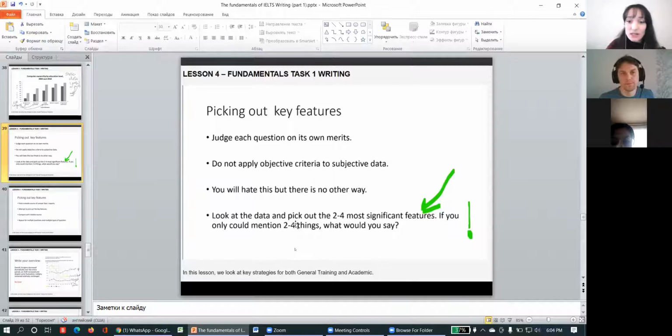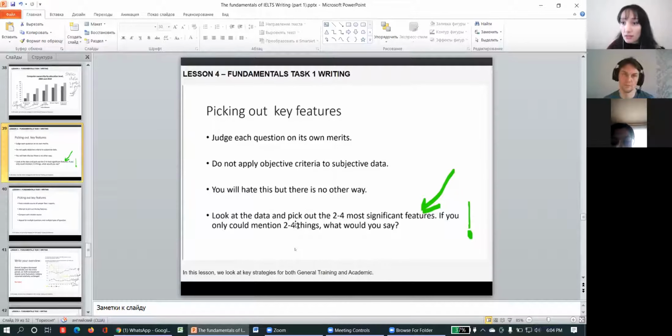Look at the data and pick out the 2 to 4 most significant features. If you only could mention 2 to 4 things, what would you say? For example, there are some psychological tests, yes? You are given a picture, you look at it, and you have the question, what 4 things can you see? Yes, and you say, I see this, I see that, I see this, and I see that.